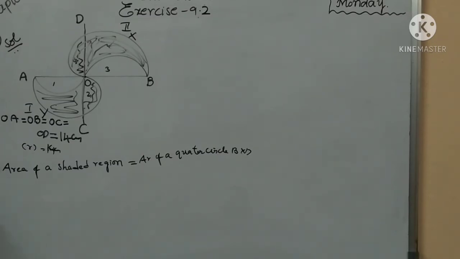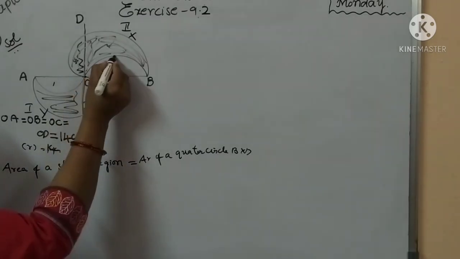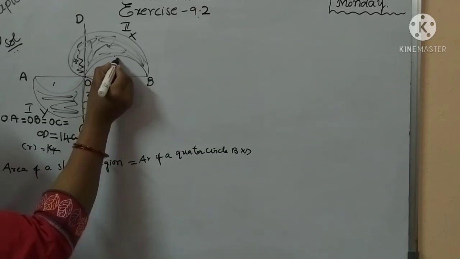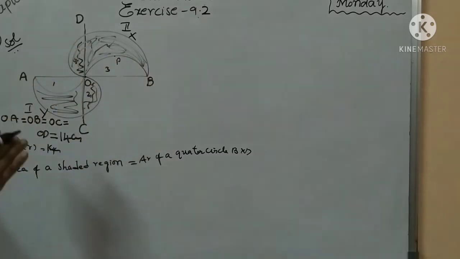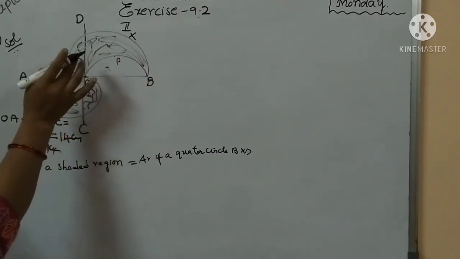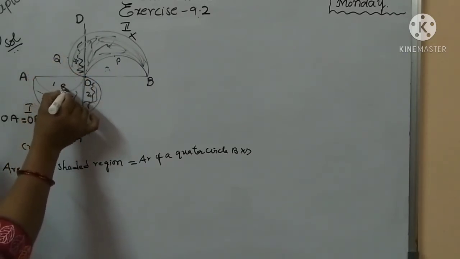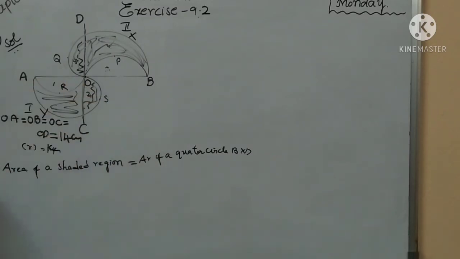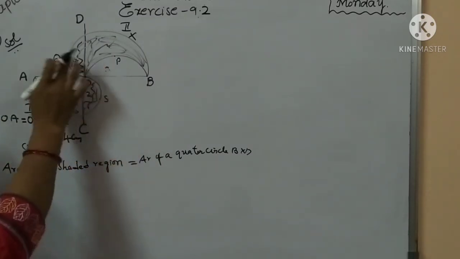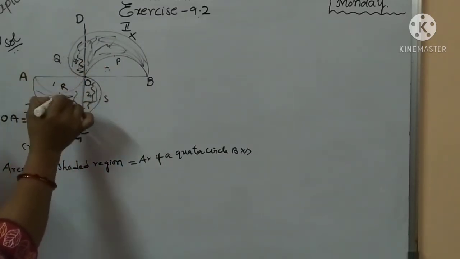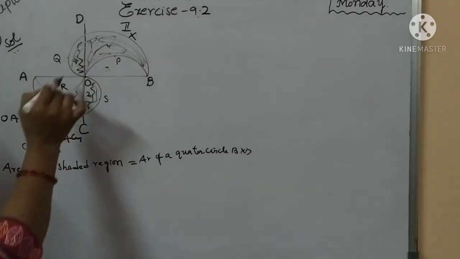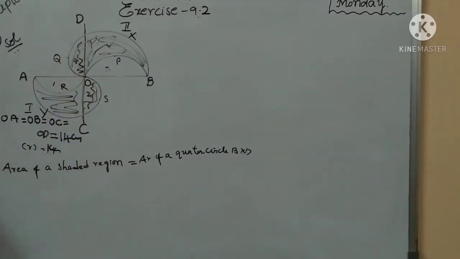So next, here observe that we already have given A, B, C, D and X, Y, and P, Q, R, S. Okay, these are 4 smaller semicircles. These are quarters. Did you understand that?